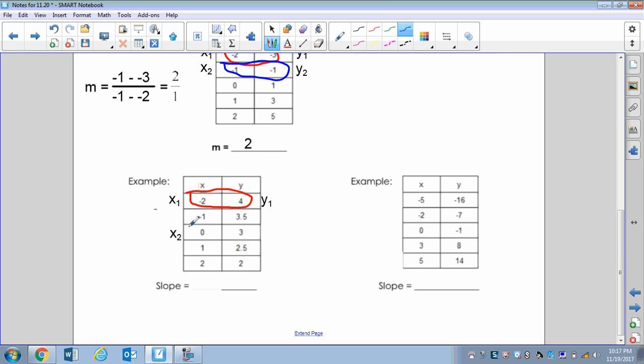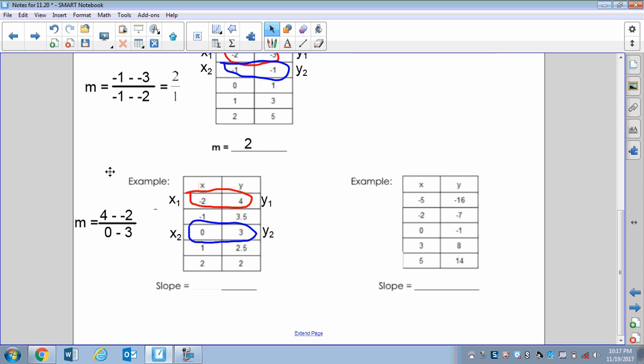And I'm going to choose this point here. We'll end up with the correct slope no matter what 2 points we choose. We just might have to do more simplifying when we separate them by further distances. So now I set this problem up as m equals 4 minus negative 2 and 0 minus.